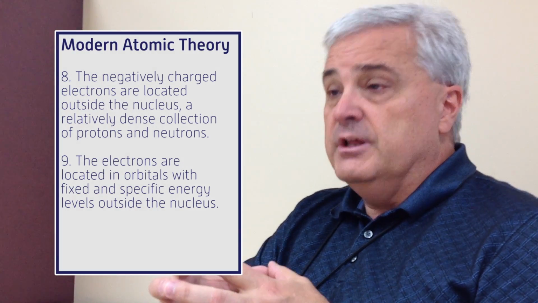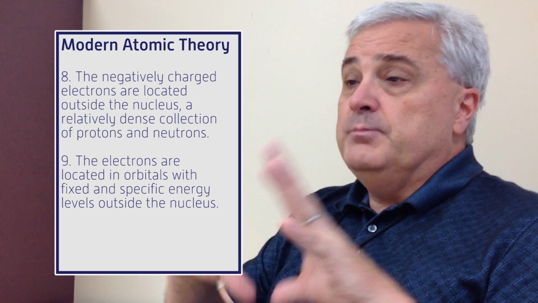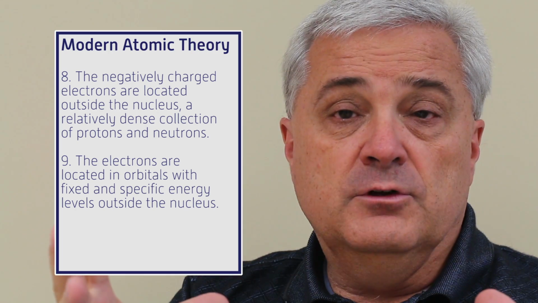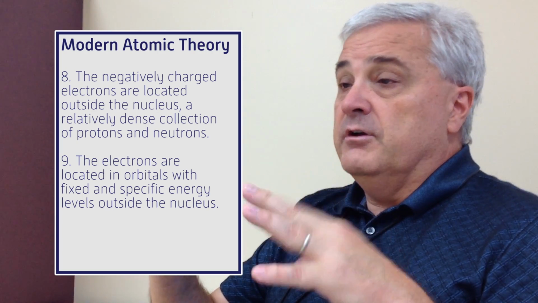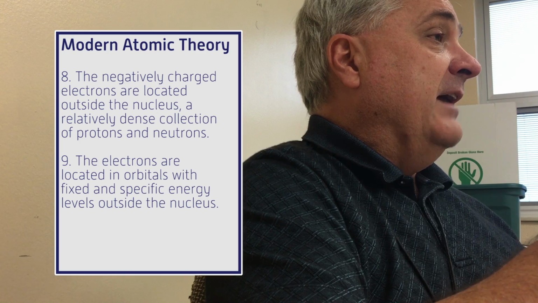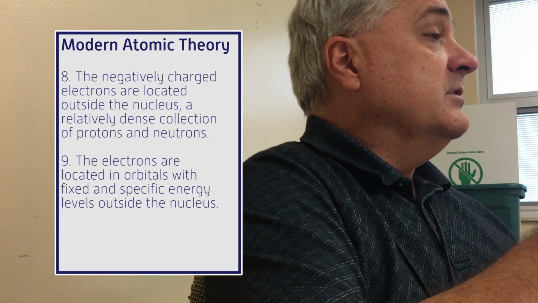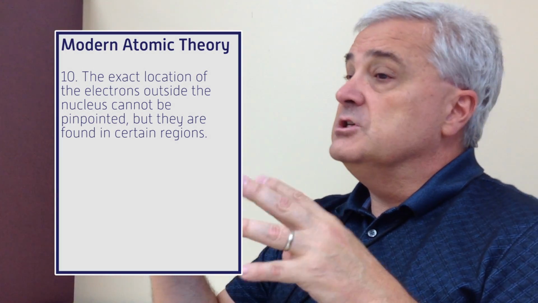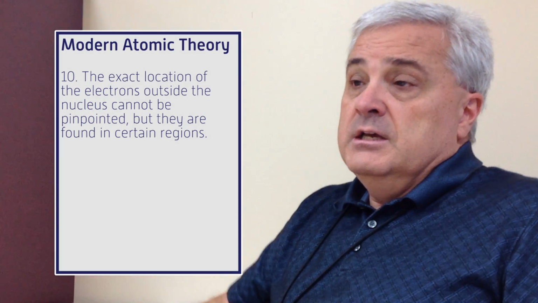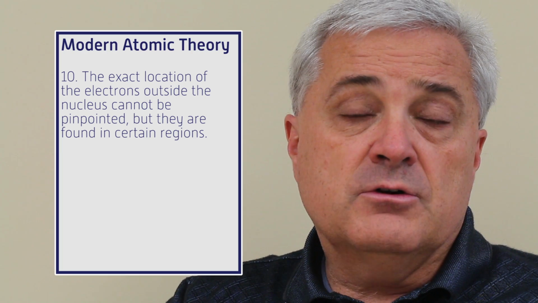The protons and the neutrons are densely clustered in the center of the atom, and the space around the nucleus is filled with the electrons, and the electrons locate themselves in various orbitals, each orbital having a specific and different energy level. The first orbitals have the lowest energy level, and the further out that you go, the higher the energy level. So that's the quick picture of the modern model of the atom.